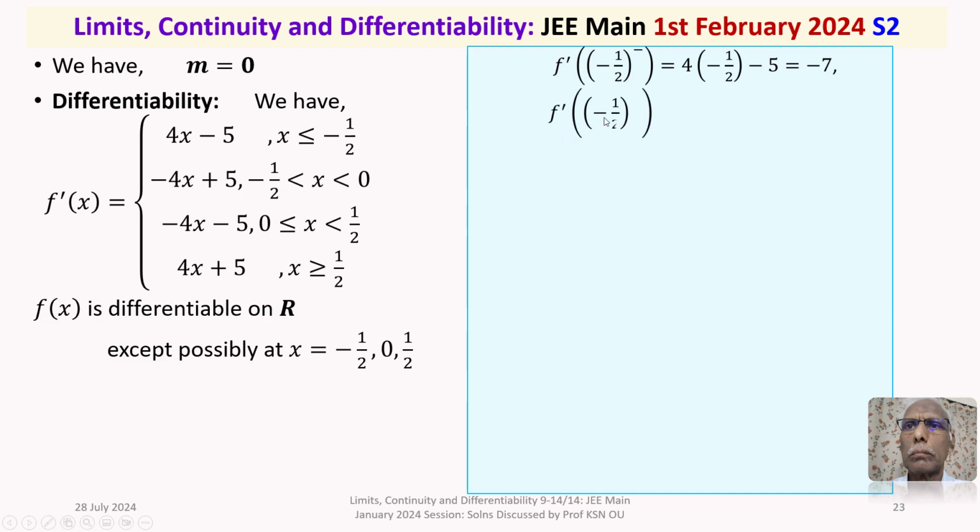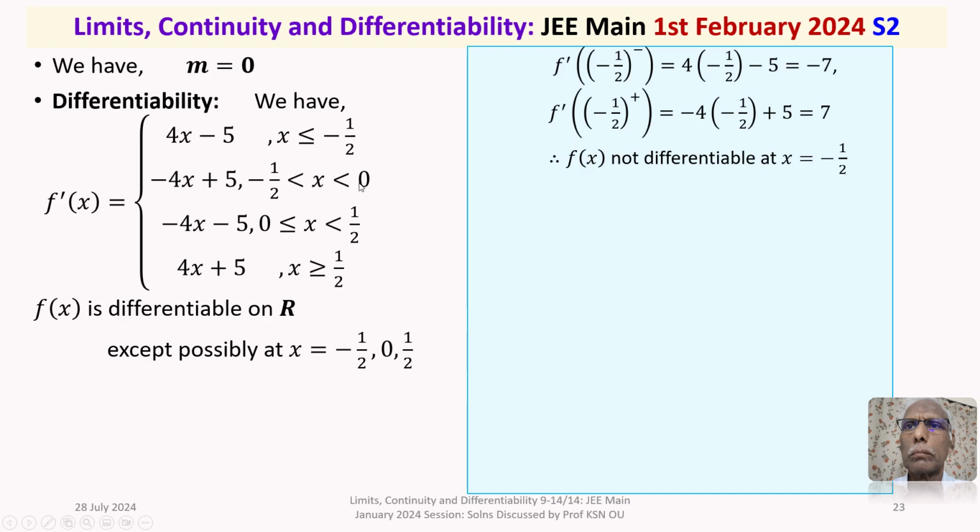The right hand derivative at x is minus half, that means minus 4x plus 5 when x is minus half. So that is 7. They are not equal. So the right hand derivative is not equal to the left hand derivative at x is equal to minus 1 by 2. Therefore, f of x is not differentiable at x is equal to minus 1 by 2.